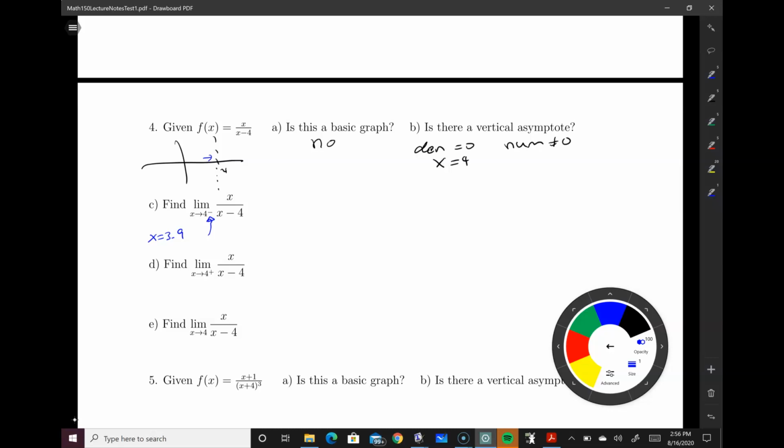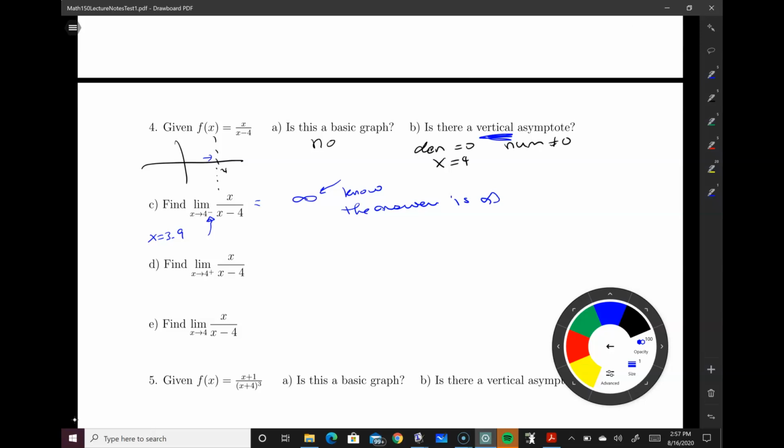I'm not going to figure out what the number is, I'm just looking to see if I get positive or negative. Because I know there's a vertical asymptote, I already know the answer is infinity. I'm just figuring out the sign of the infinity.